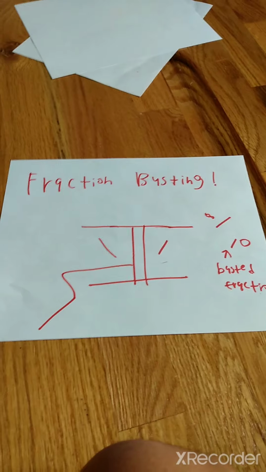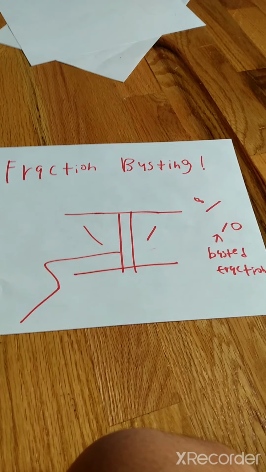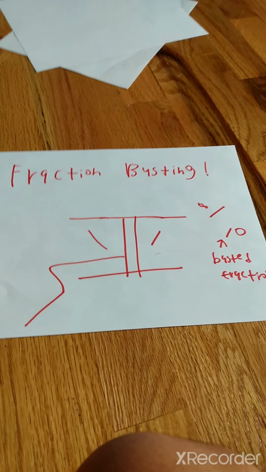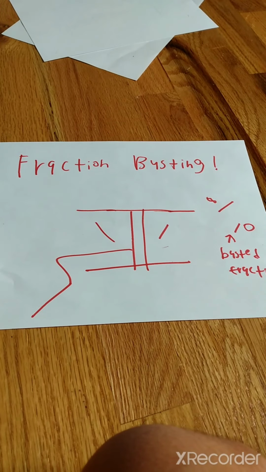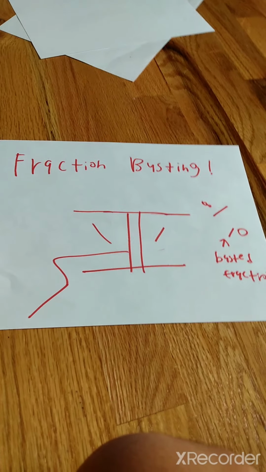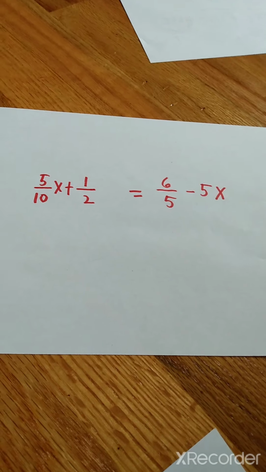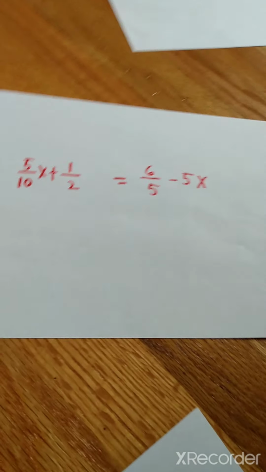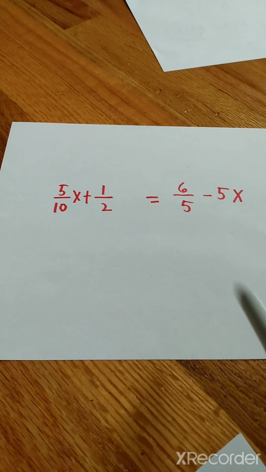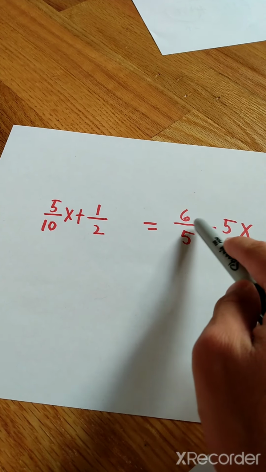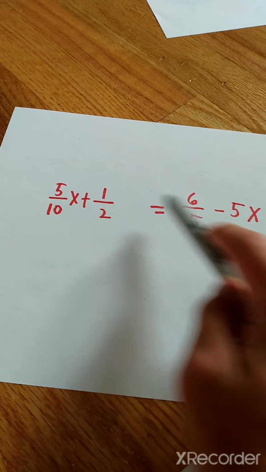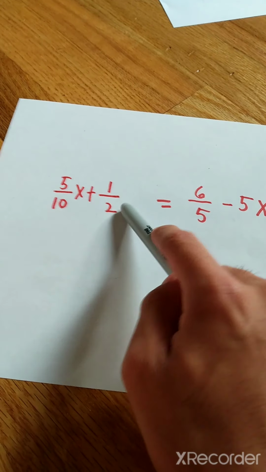So in this video, we're gonna show an example and a shortcut that you can do when you come across an equation that has a bunch of fractions. It may seem difficult to have that 6 over 5, subtract that by that 1/2.